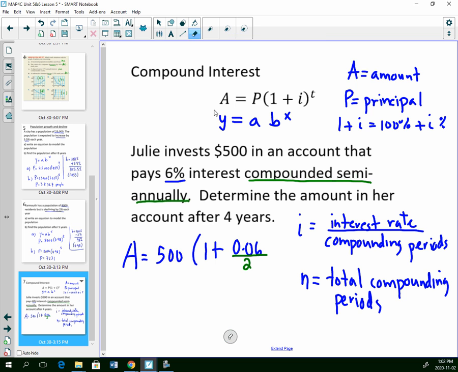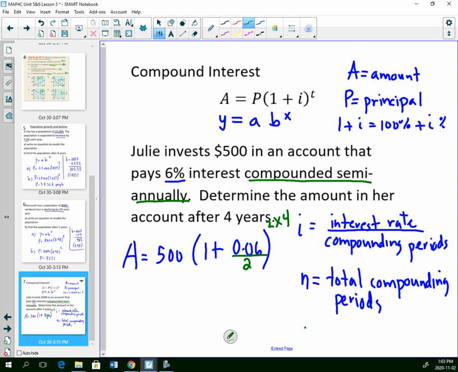So that means that 6% is going to be divided in 2. So you're going to get 6% by the end of the year, but if you get it twice, they're going to break it up, and you're going to get 3% each time, so that by the end of the year, you get your 6%. The total number of compounding periods is twice a year for 4 years.